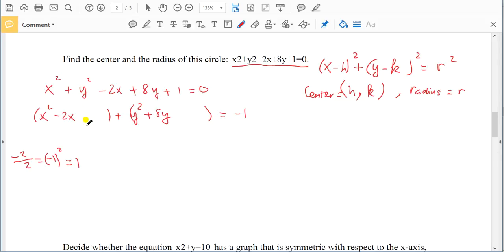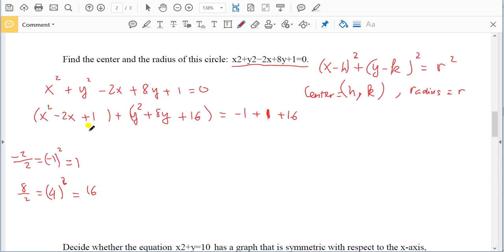Then I add 1 here, and make sure I do the same thing to the right hand side. The same thing for y: I take the middle term, which is 8, divide that by 2, become 4, then I square that, and that gives me 16. So I add 16, making sure I do the same thing to the right hand side.